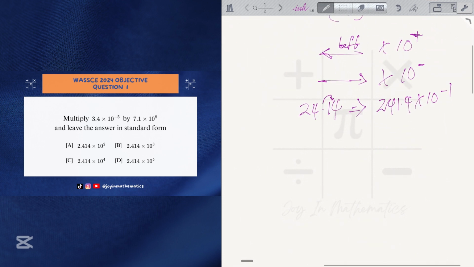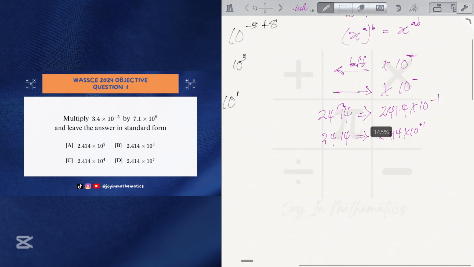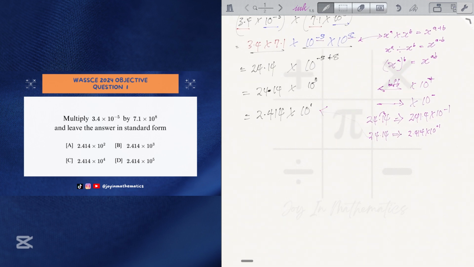But if we move it backwards, to the left, we will have 2.414 multiplied by 10 raised to the power positive 1. This is what we have here, because we are moving to the left.